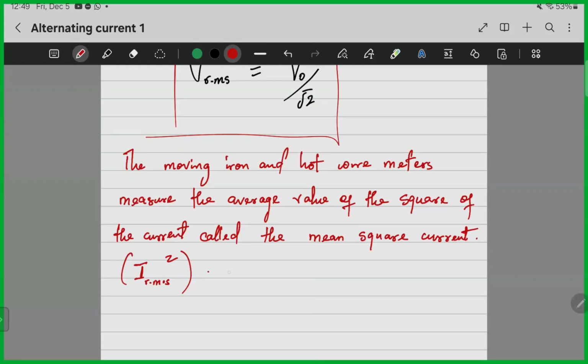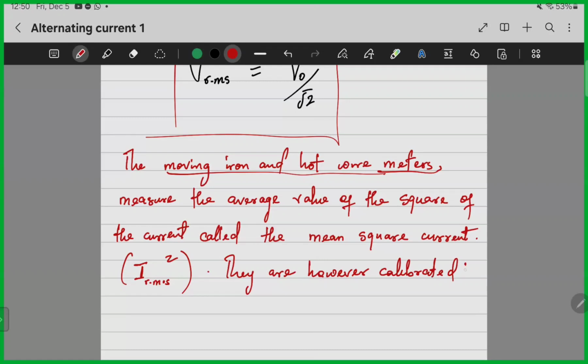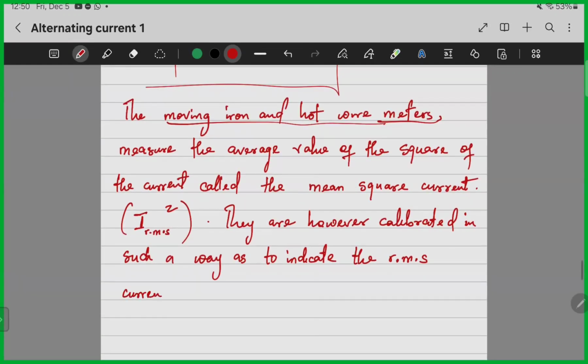So talking of the instruments used to measure them, moving iron and hot wire meters, they are normally calibrated. They are, however, calibrated in such a way as to indicate the RMS current directly.